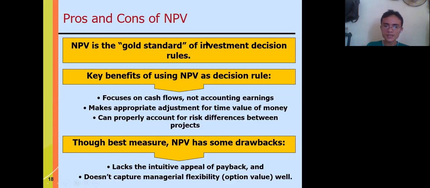But then what would be the drawbacks? It lacks the intuitive appeal of payback. Yeah. So if, for example, that's the payback, it's easier to analyze. That does not satisfy the benchmark, so reject. It satisfies the benchmark or is lesser, then we are going to accept. And it doesn't capture managerial flexibility and option value well.